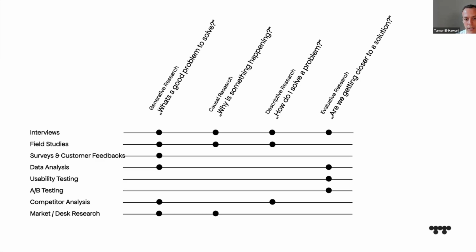And the interesting part is that when you map this down towards the different types of questions you have in mind, you can start to select which methodology makes the most sense. For example, if you have evaluative research, are we getting closer to a solution? Of course, a competitor analysis or market research doesn't help that much. And if you have a usability test and a question for generative research, this also doesn't make that much sense.